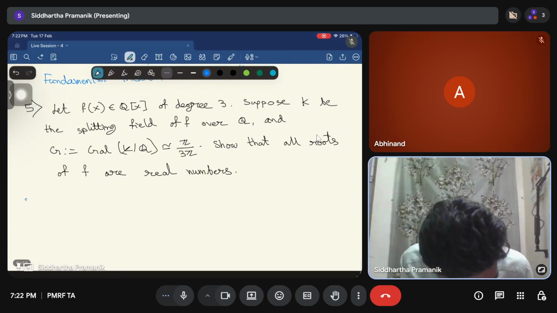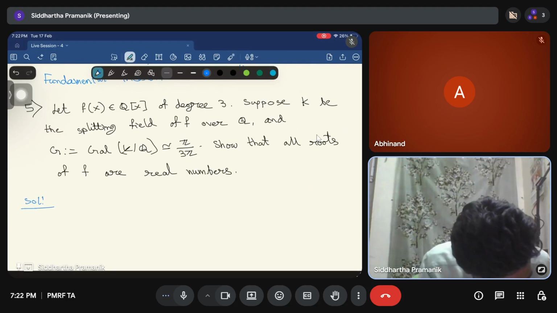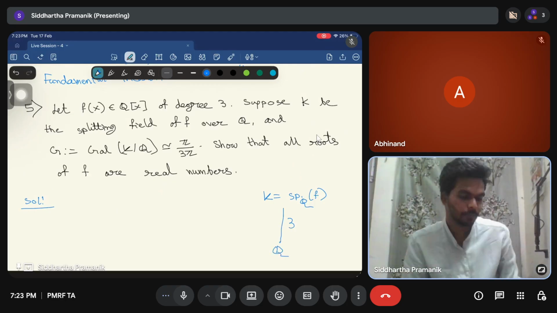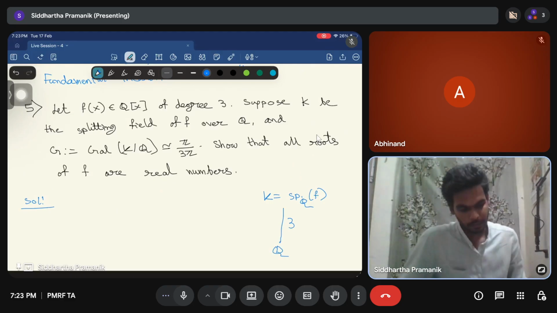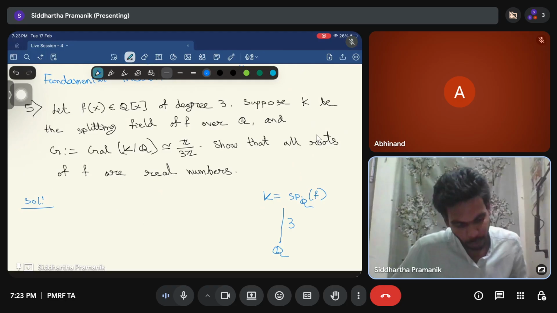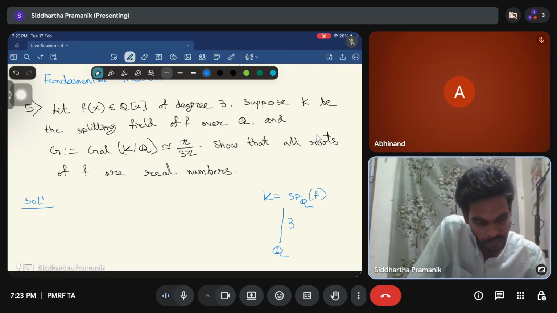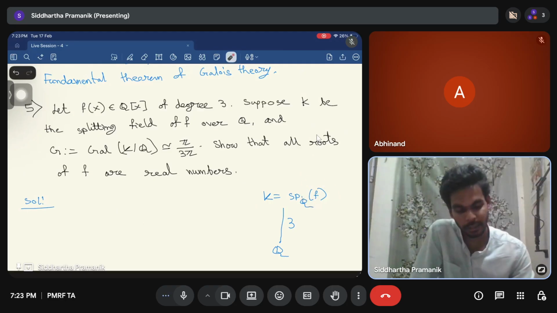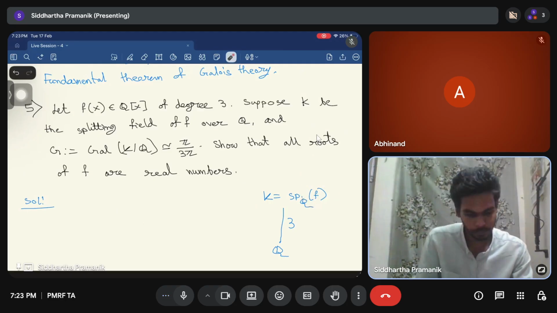Let me draw the tower. Here we have K, the splitting field of f over Q, and the base field Q, and this degree is 3. The Galois group is Z mod 3Z. Then we have to show that the roots of f have to be all real numbers. It cannot have complex roots.